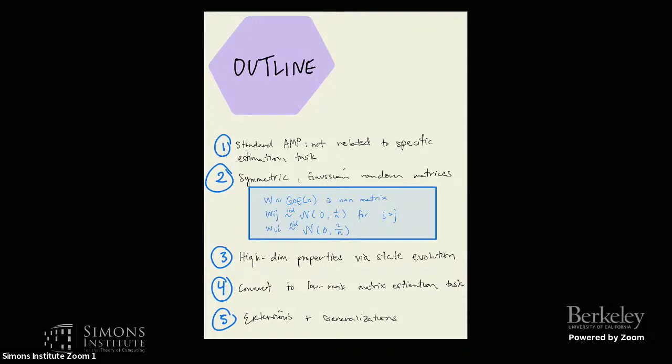So the elements above the diagonal are going to be normal with variance 1/n, and then on the diagonal also normal, but with a different variance. So this is just a symmetric Gaussian matrix. Then we're going to look at the high dimensional properties of the simple recursion using the state evolution. And then at the end, we'll connect the standard AMP to low rank matrix estimation, and then discuss some further extensions and generalizations.